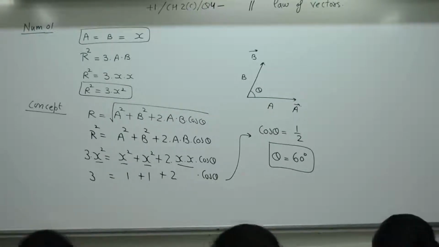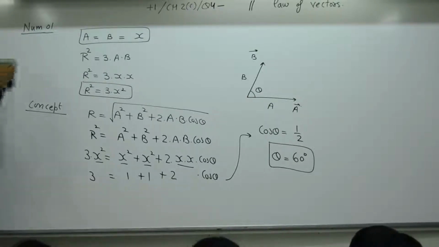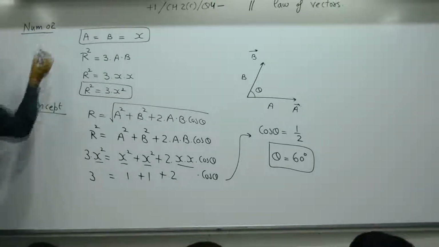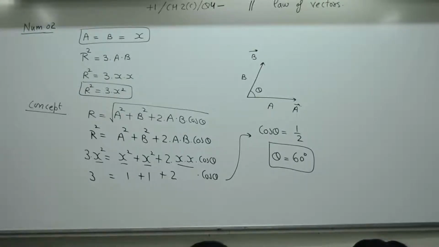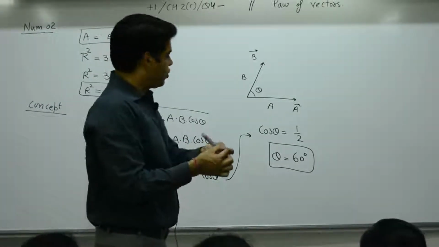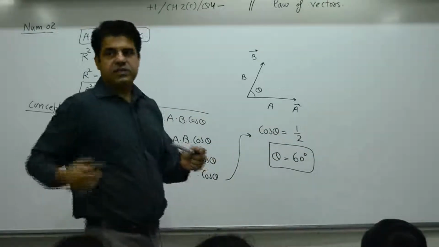Numerical number 2. The question is, a particle has the following displacements in succession: 12 meters towards east. This is how we are in this room. See, this is the north direction, this is south, east, west.